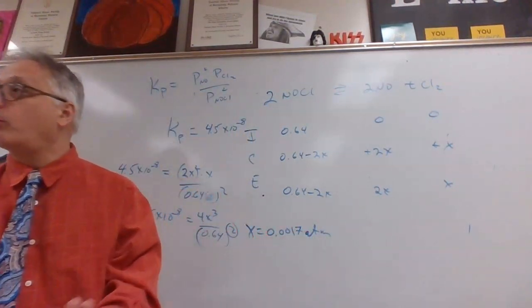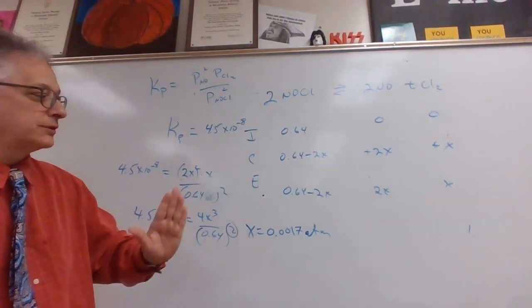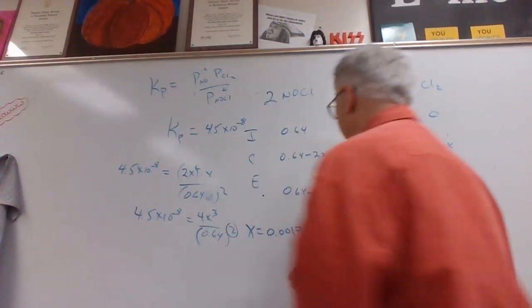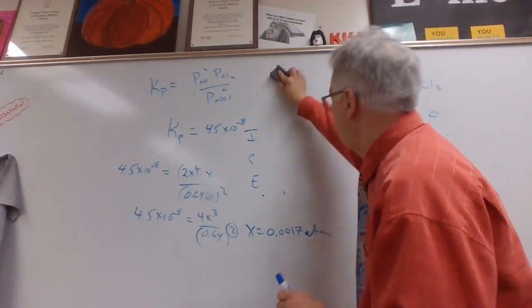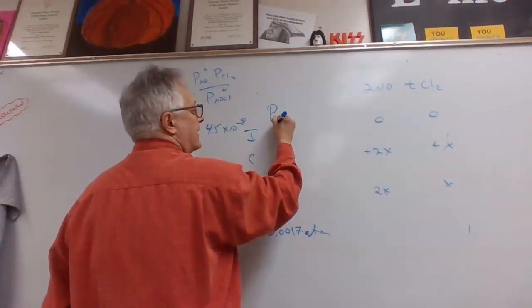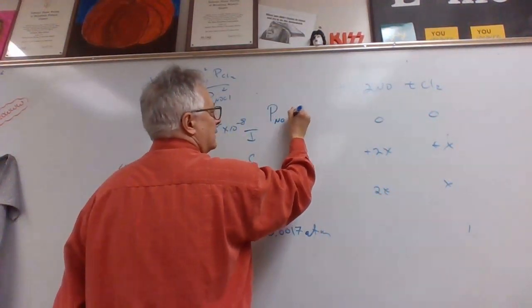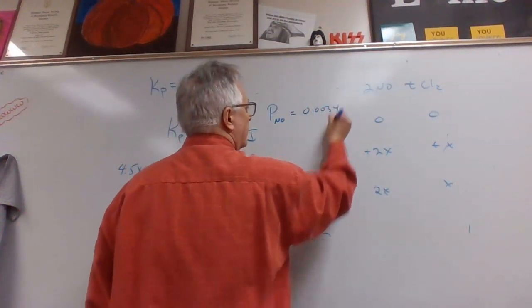So, the way you report your answer, okay, they're asking for the equilibrium partial pressures of all of these things. So, the way you would go ahead and say this, I'm going to erase this here, is you would say the pressure of NO is going to be 0.0034.